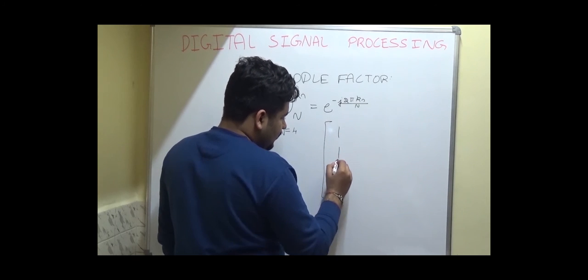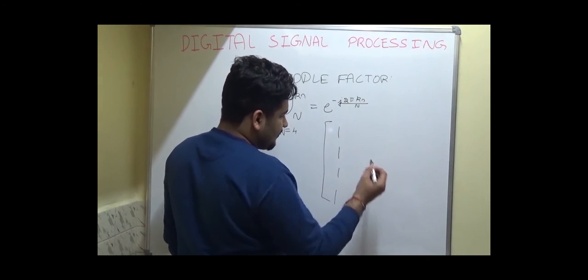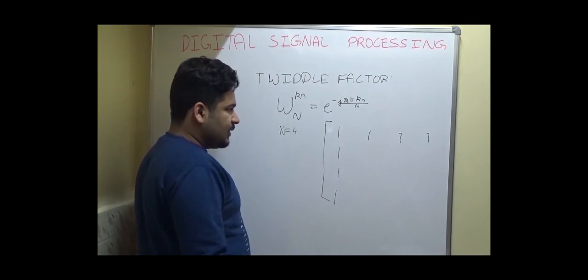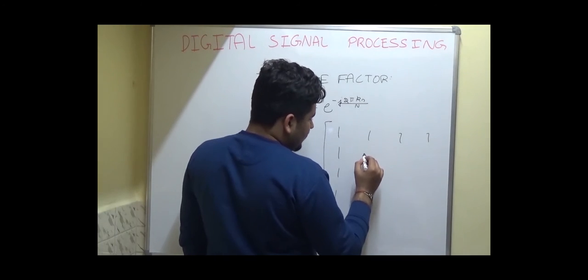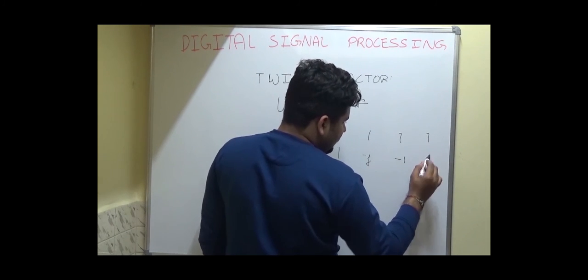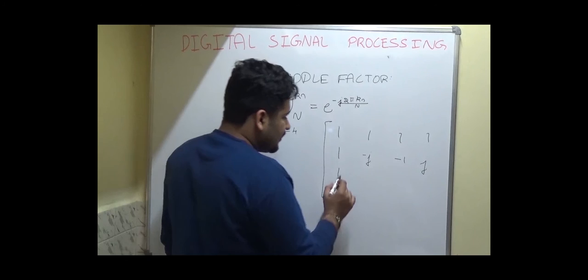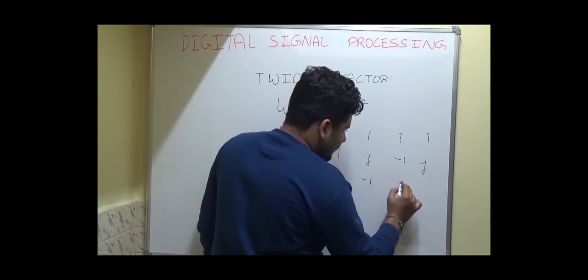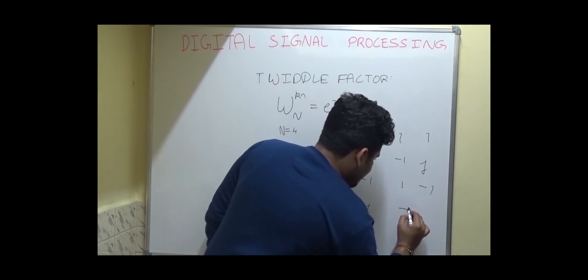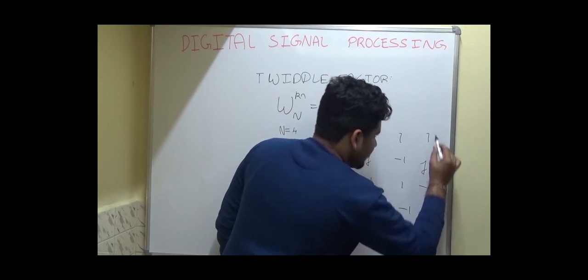It just has 4 rows, 4 columns, so it's a square matrix. Okay, I just write ones over here, then 1 minus j minus 1 j, then 1 minus 1 1 minus 1, 1 j minus 1 minus j.